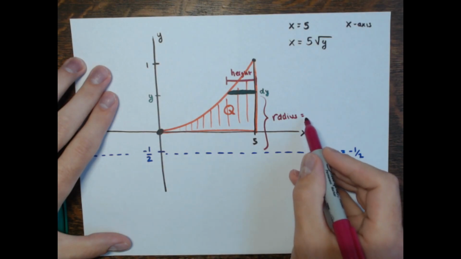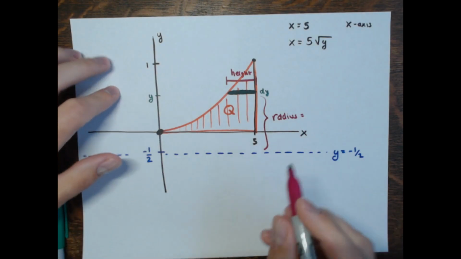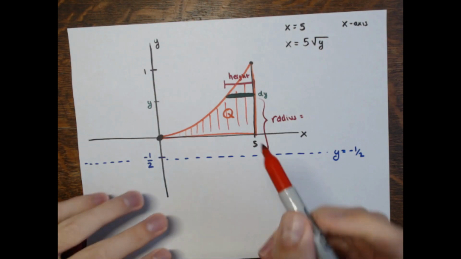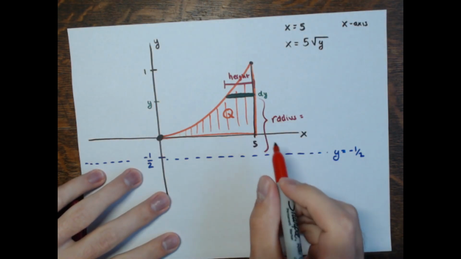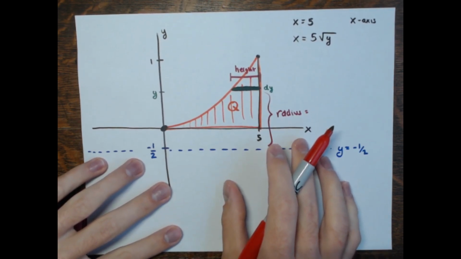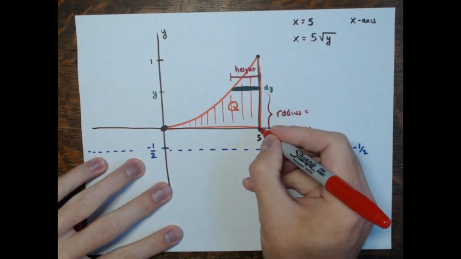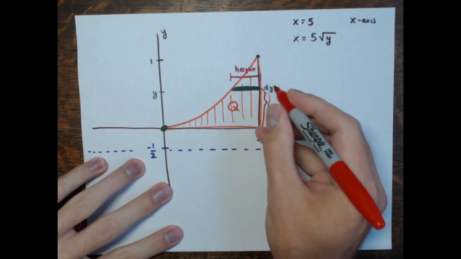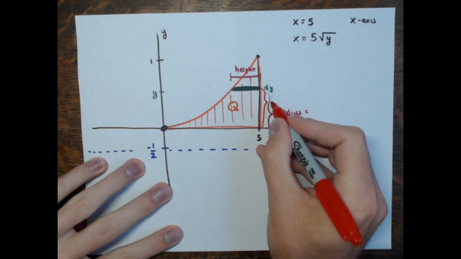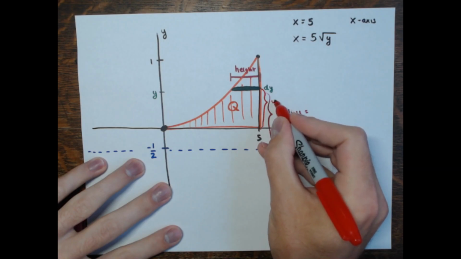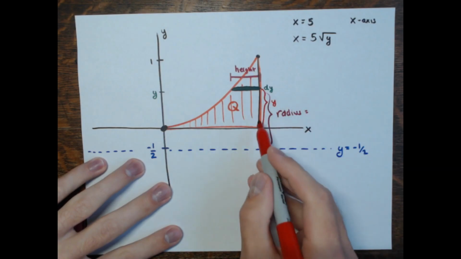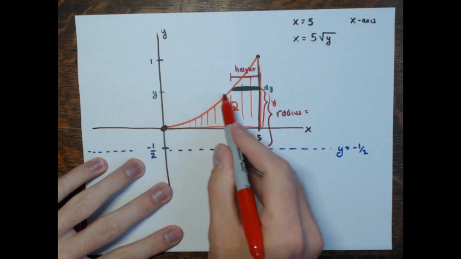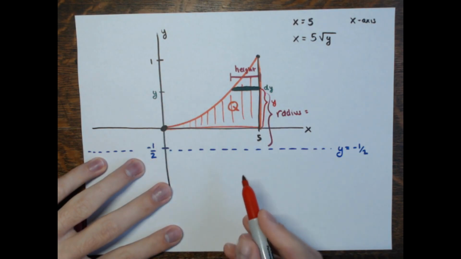Okay. The radius, simple enough. See how normally we were going from the x-axis or from the y-axis. If I go from the x-axis to this point here, that's the y coordinate. That's just the y value that I chose for this slice.